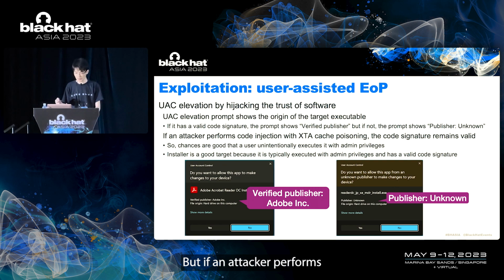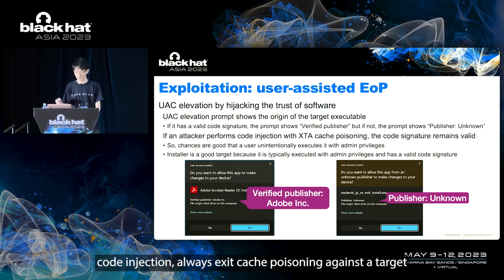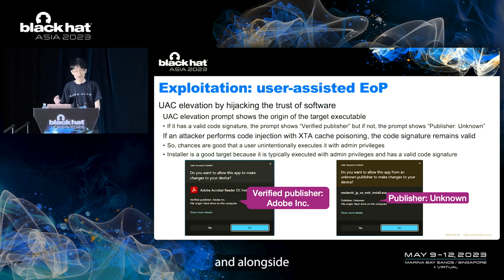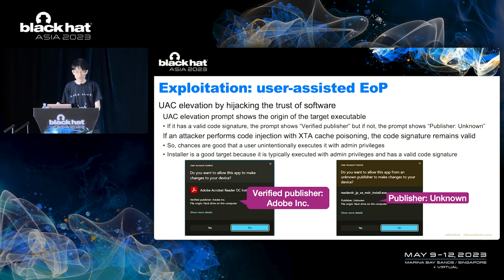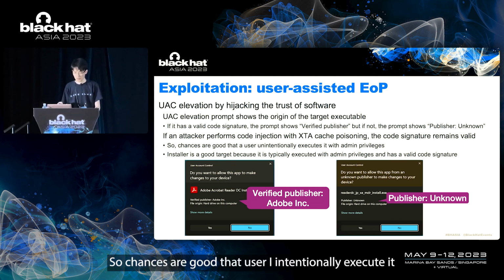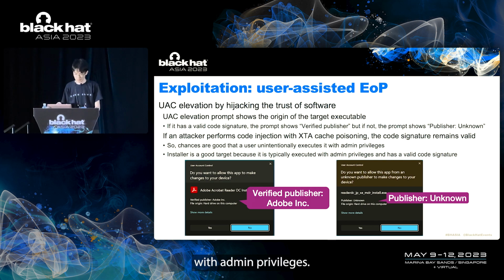But if an attacker performs code injection with XTA cache poisoning against an executable with a valid code signature and runs it, the code signature remains valid, so the UAC elevation prompt shows the verified publisher. So chances are good that the user unintentionally executes it with admin privileges.